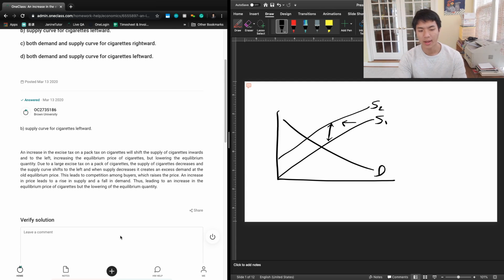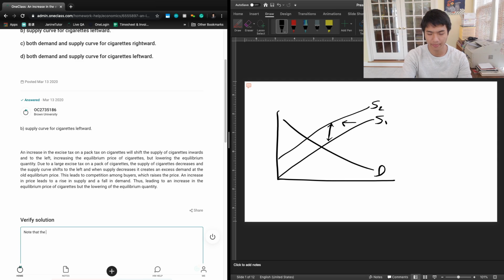So again, I think this breaks down the step-by-step shift in terms of how you get from the old equilibrium to a new equilibrium, but I assume you guys probably already know that. I think the focus should be more so on how much is the distance between the previous supply curve and the new supply curve.